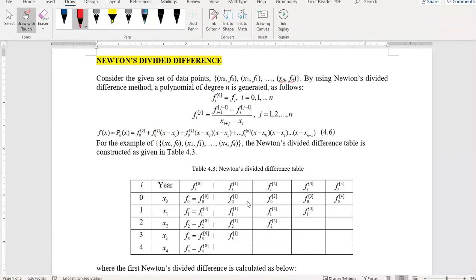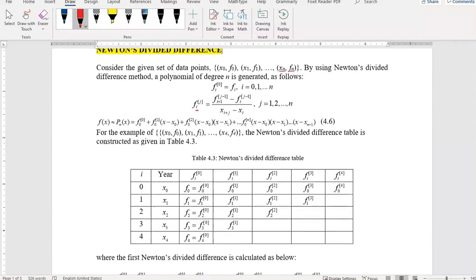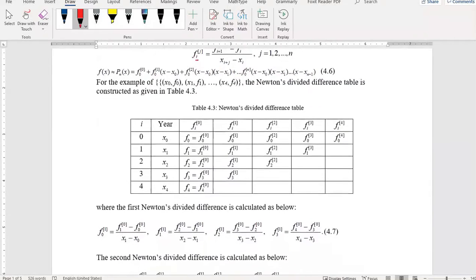f_i superscript j is equal to f_{i+1} at the previous level minus the same, f_i, and the superscript here is j minus 1. It means that the first level is very easy, students normally have no problem.